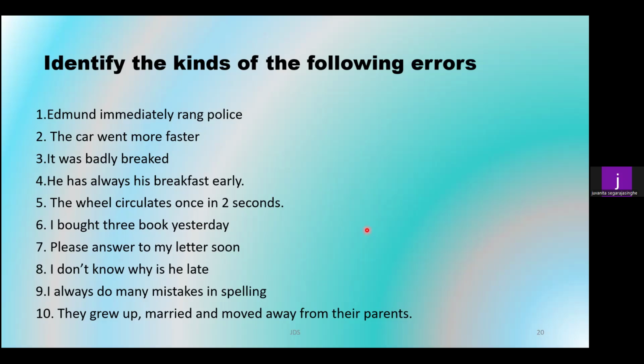Fifth one. The wheel circulates once in 2 seconds. I think an item is omitted. What item is omitted? The wheel circulates once in every 2 seconds. Once in, no. It's okay. Once in 2 seconds, that construction is correct. It's not something to do with omission. It's a different kind of error.